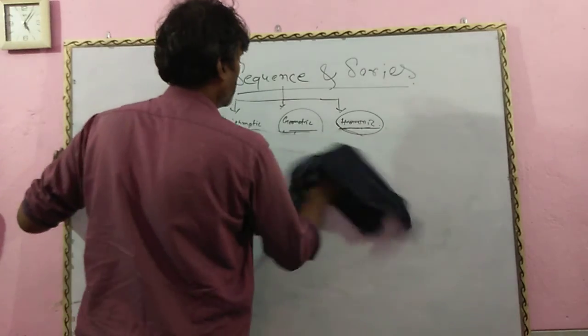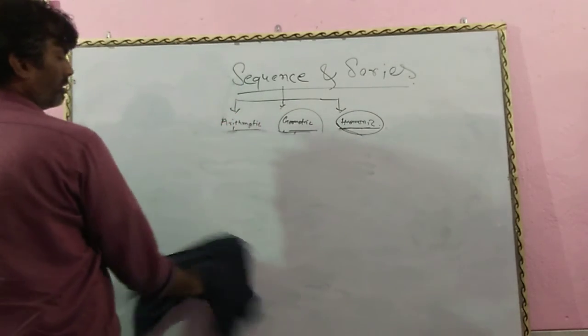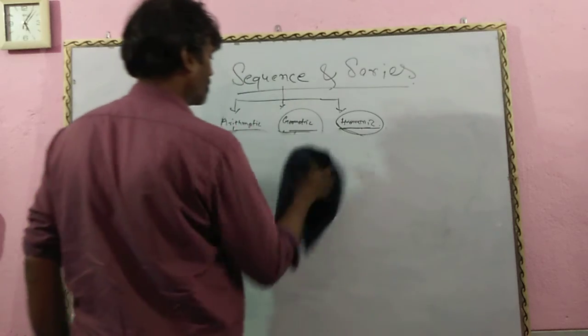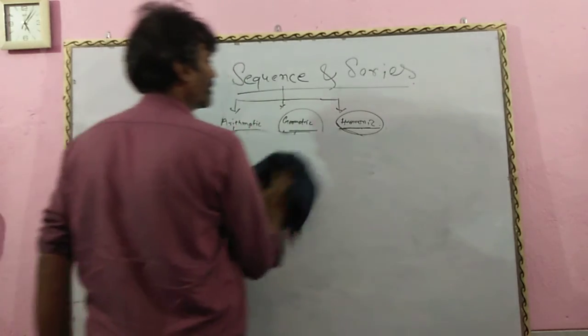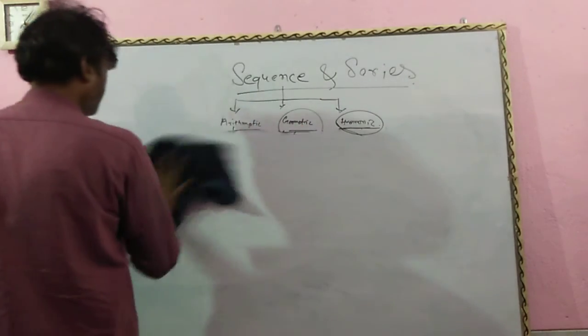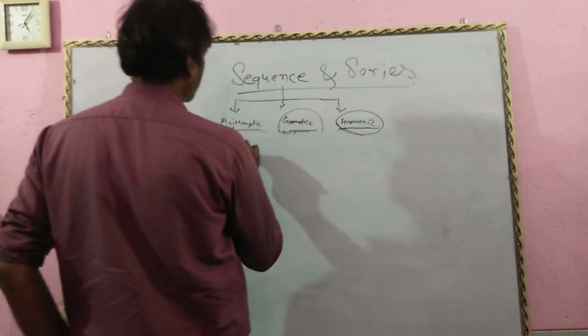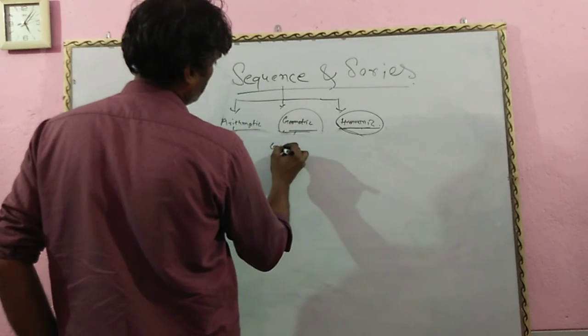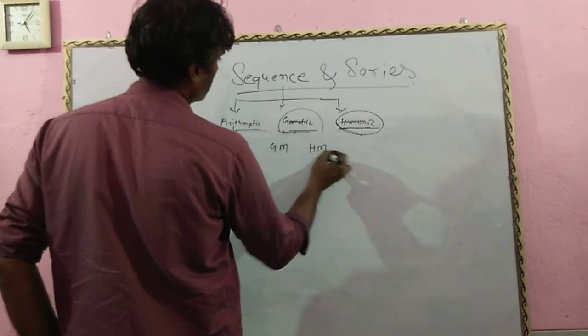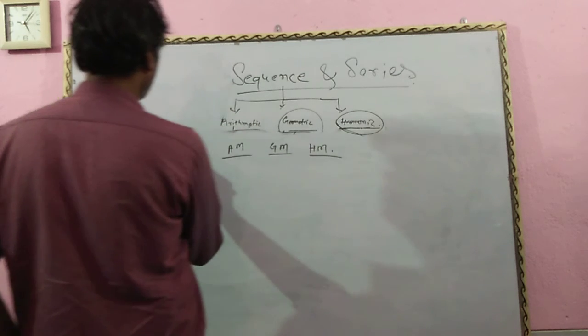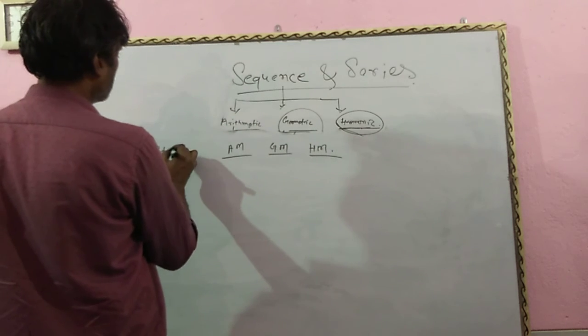Okay, and now last but much more important, which often comes in standard competitive examinations: the relation between arithmetic mean, geometric mean and harmonic mean.